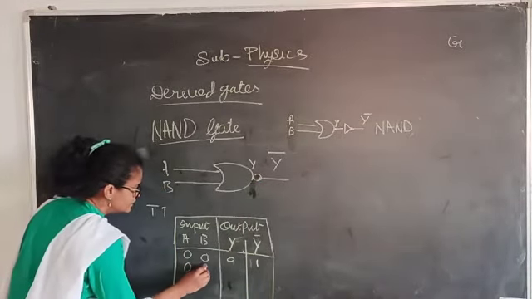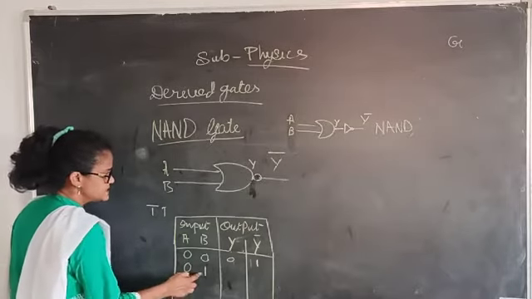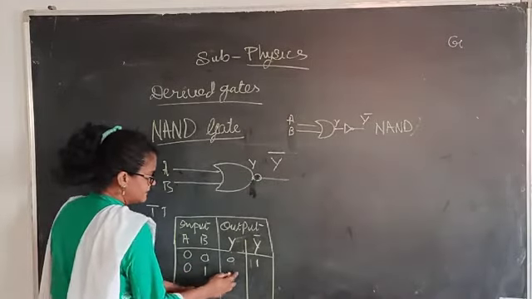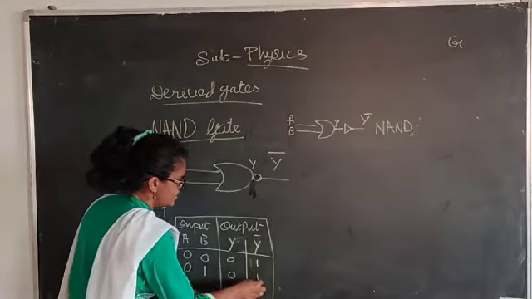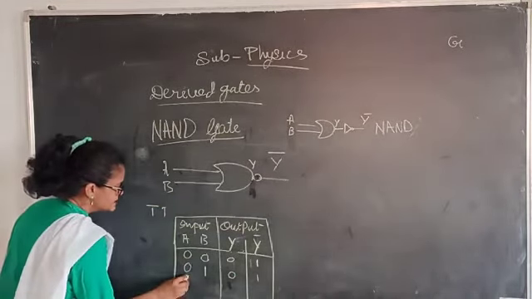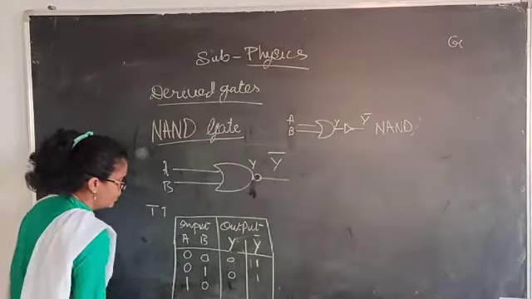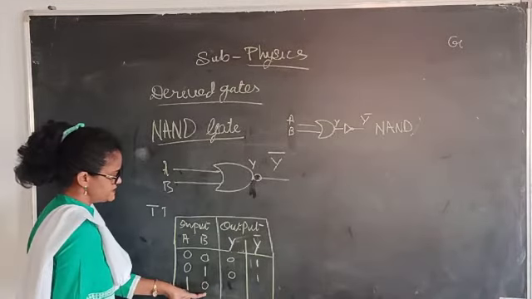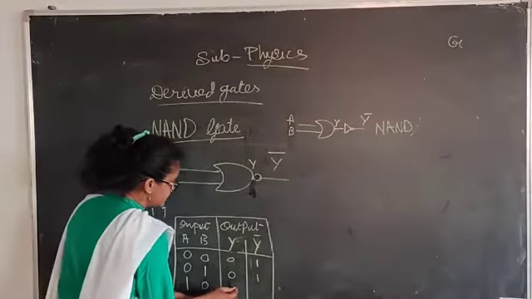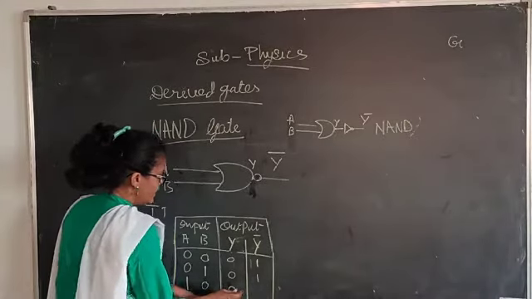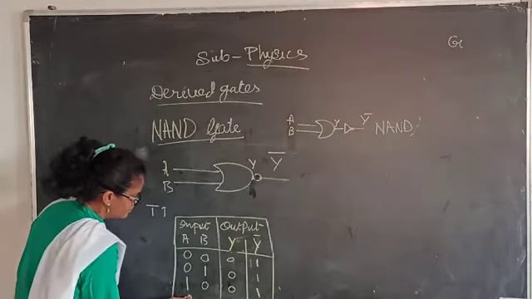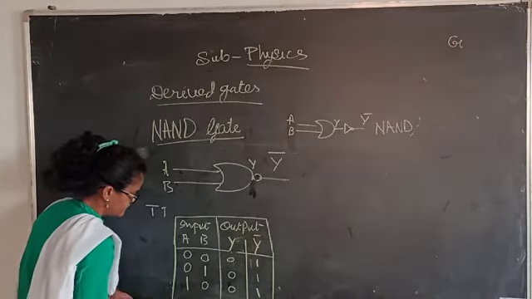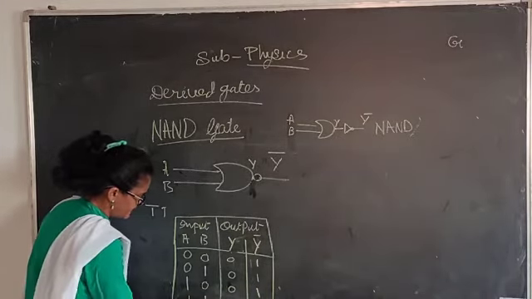Now this is 0, this is 1. 1, 0 is again 0 for AND. So its negation is 1. This is 1, 0. A is 1, B is 0. The output will be 0 and its negation is again 1. Then both the inputs are 1 or high.